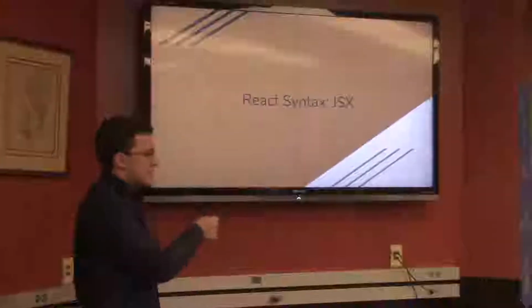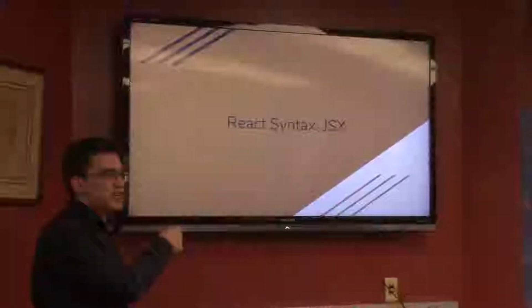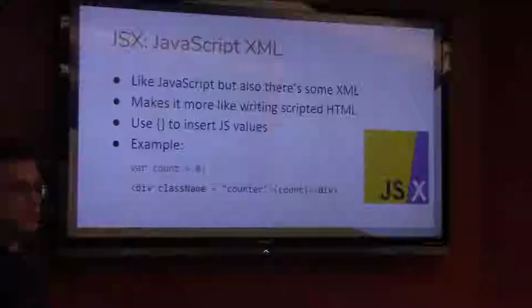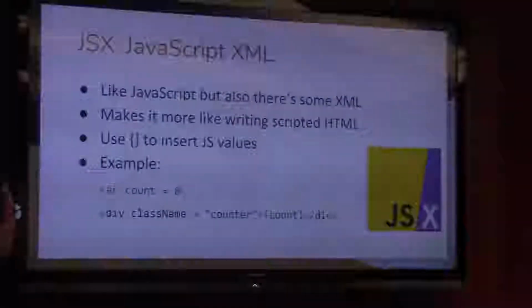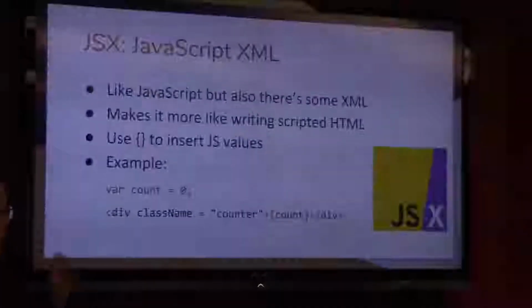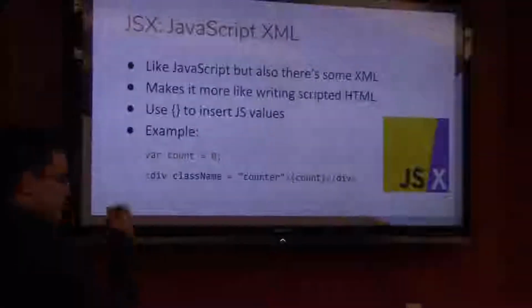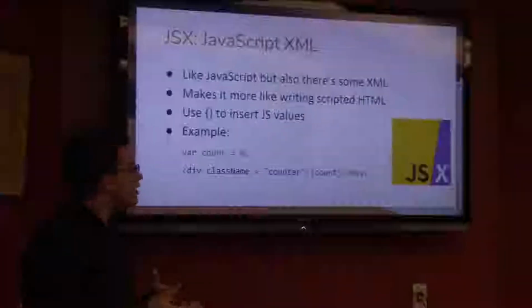The last thing we have to do before we can get into the actual code is the React syntax, JSX. It stands for JavaScript XML, which is like JavaScript, but with XML. HTML is descended from XML, which uses tags in angle brackets to delimit the tree structure of data.